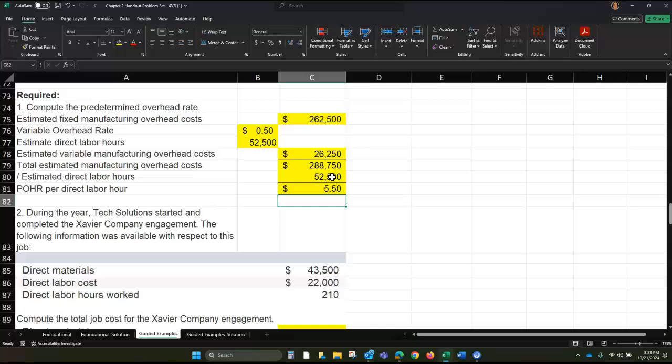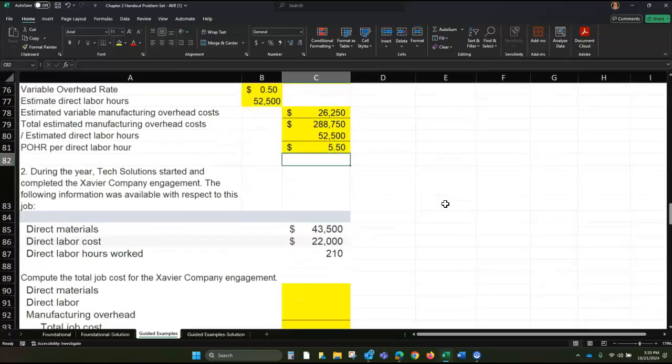Okay? Again, when you're computing this predetermined overhead rate, we are not magicians. Everybody wants to act like we do, but we don't have a perfect crystal ball, right? But we do the best guess that we got. Okay? Let's look at part 2.